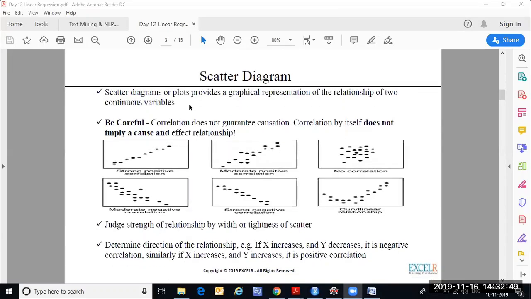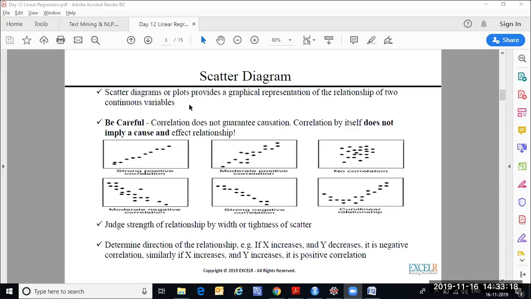Now, to understand how a change in the value of variable 1 is influencing the movement of variable 2, we are going to use scatter diagrams.